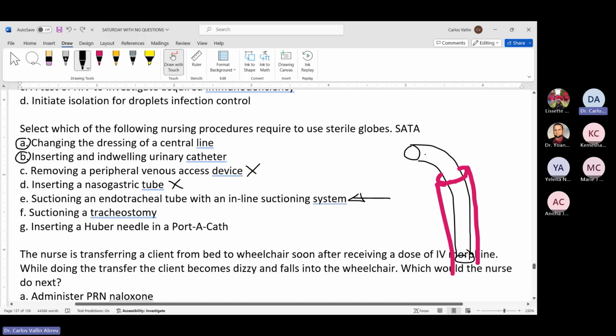usually those clients have inside the tube already a catheter that is entering the tube.